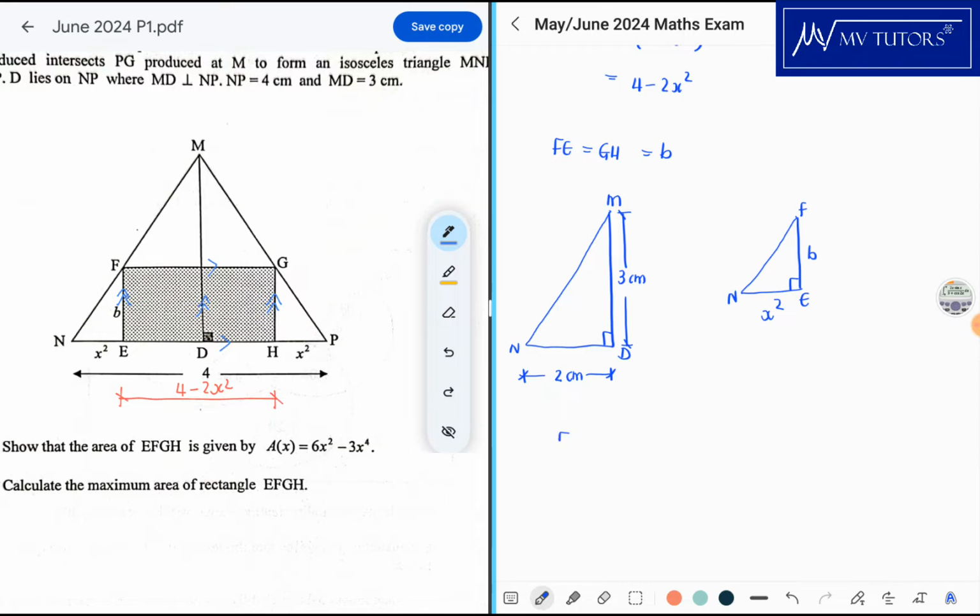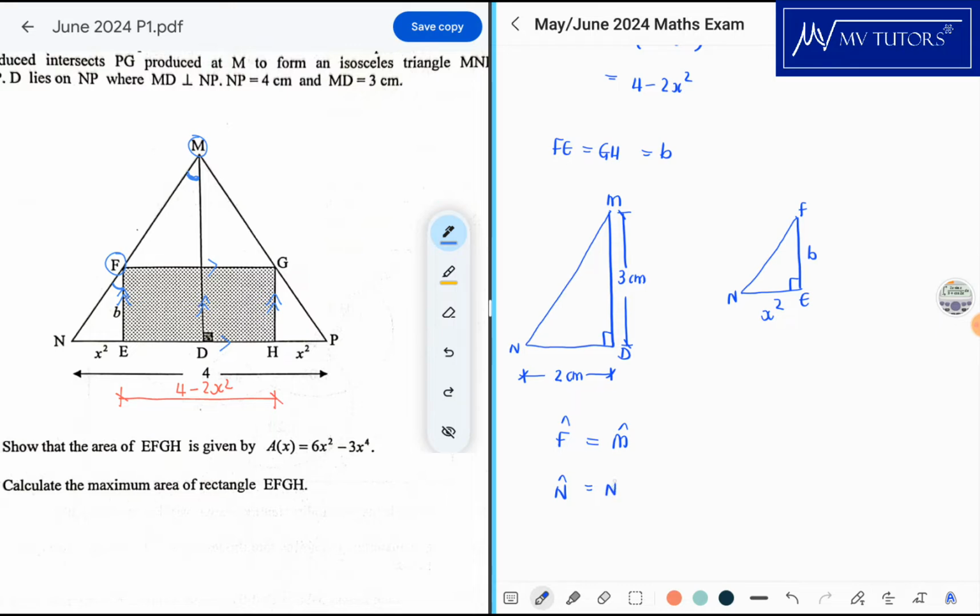Would F be equal to M? Yes, it would, because like we said, MD is parallel to FE, so the angle over here is equal to the angle over there: corresponding angles. And is N equal to N?